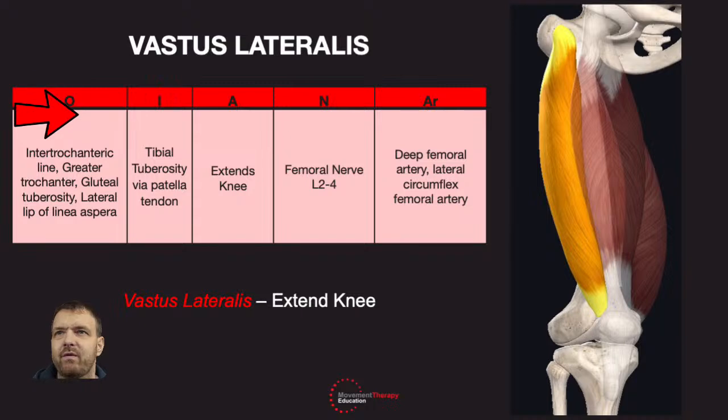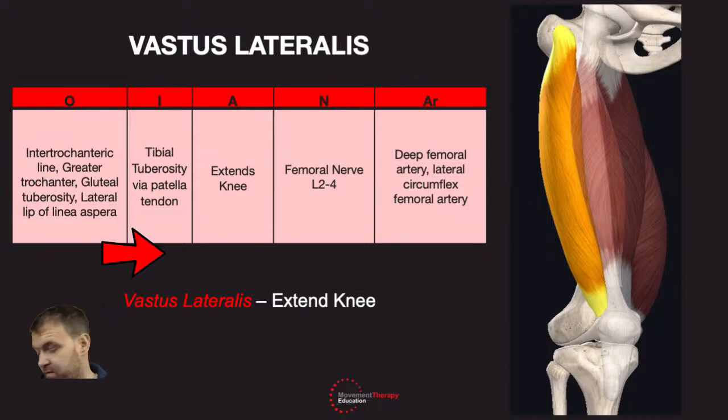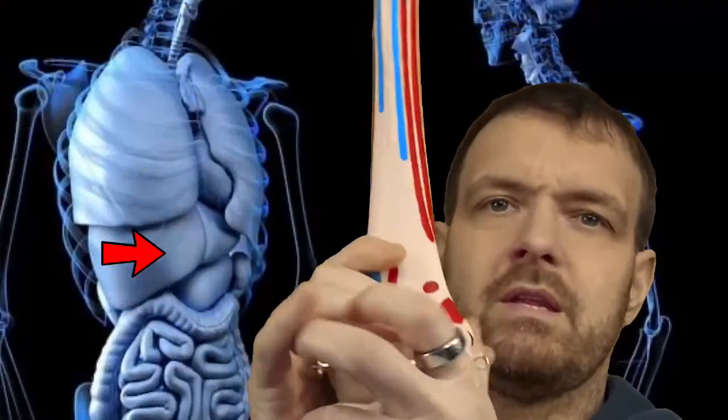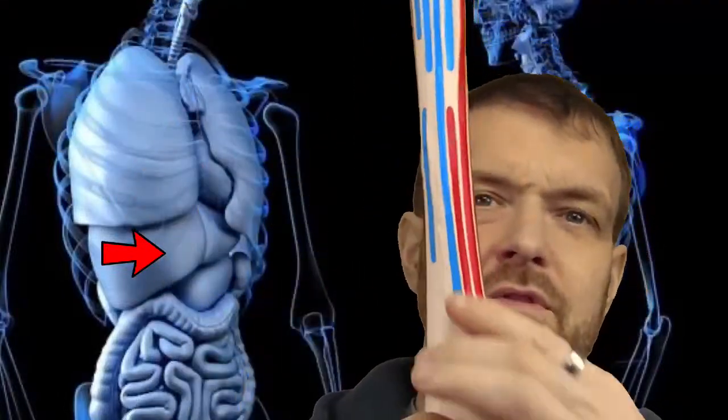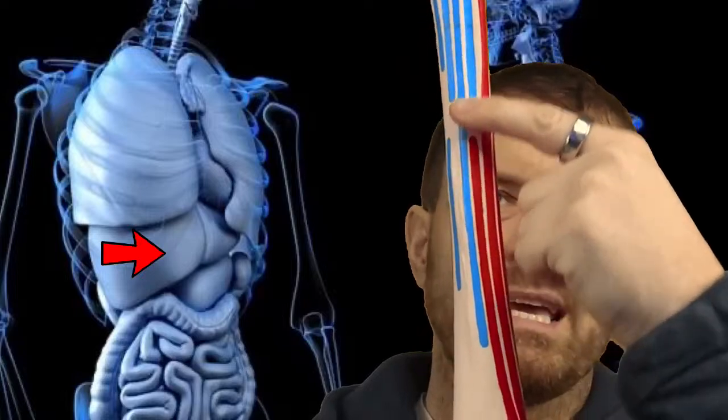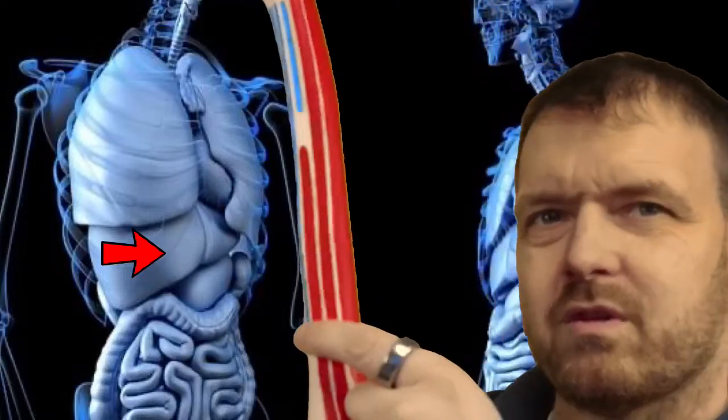And if we have a look at where it contacts, there's the intertrochanteric line. Now, if we go back to our bony anatomy, which we did a few weeks ago, this is the back of the femur, and I don't know whether you can see it, but there is a really, really long line. Just trying to get an angle.